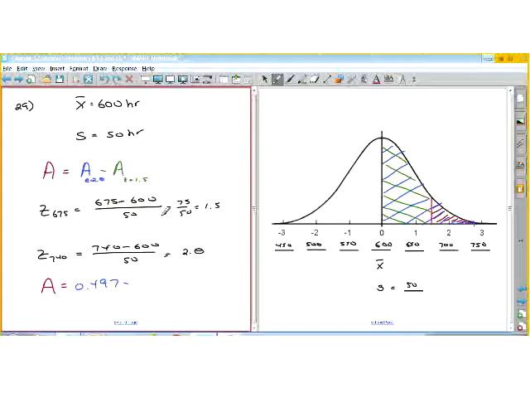So I go to the third set of columns and I go down until I find 1.5 for z. Corresponding area is 0.433. And therefore the net area that's red is 0.497 minus 0.433, which is 0.064, or 6.4%.